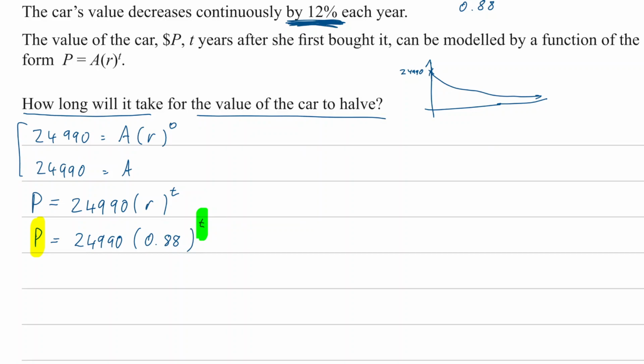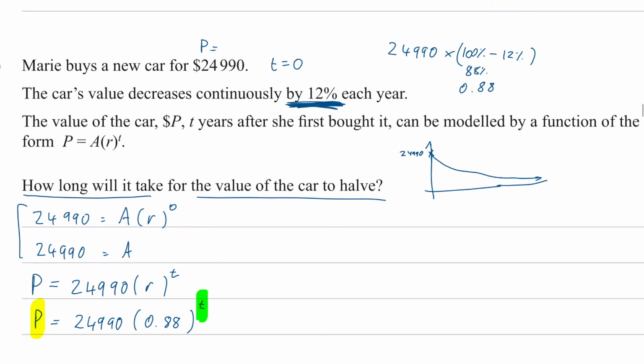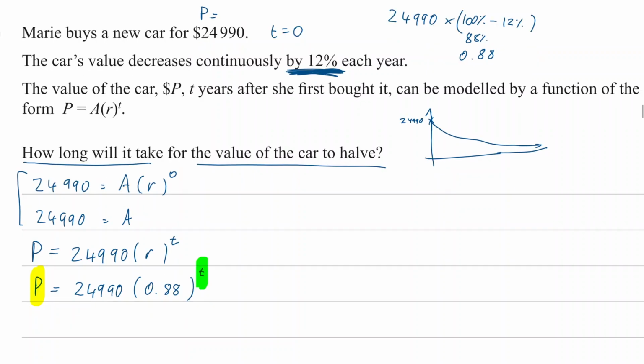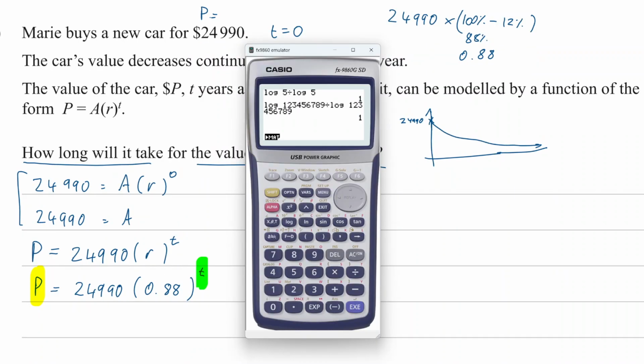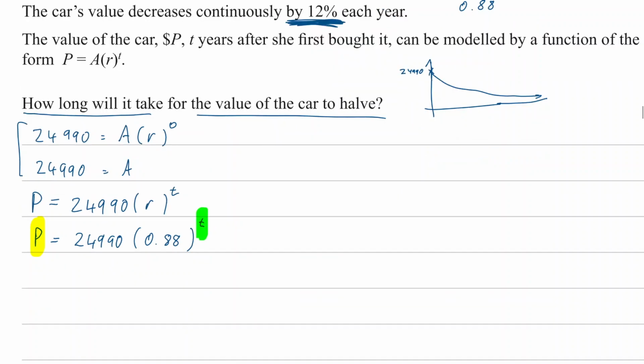And now we can answer the question. How long will it take for the value of the car to halve? So firstly, let's halve the initial value. 24,990 divided by 2, 12,495. So that's half the value. Everything else stays the same, because that's our model.